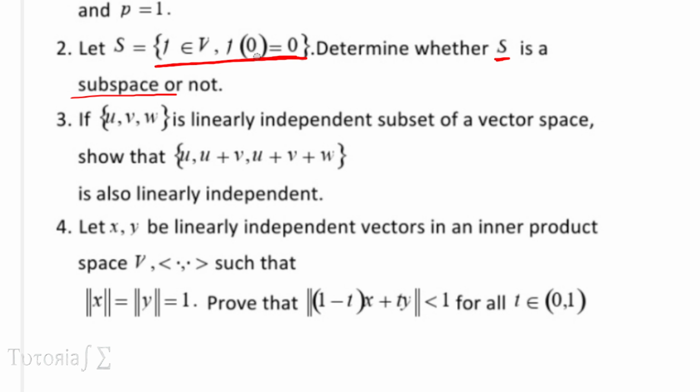Now, for us to determine whether a subset is a subspace or not, it has to be closed under addition and closed under multiplication. Closed under addition simply means that if you get two vectors from the given definition, in this case from S, and you add them, what you should get is the same definition.